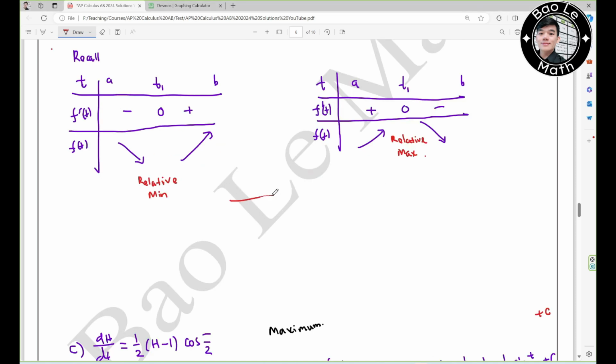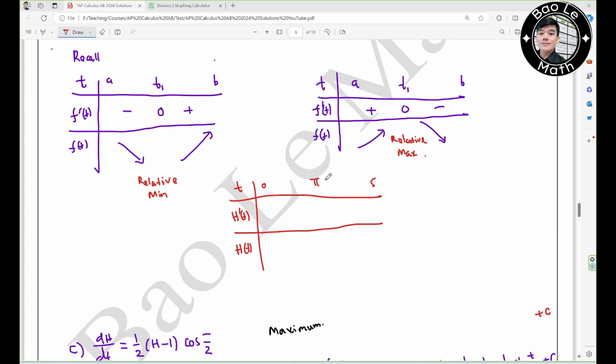Alright, so we have the table. This is t, this is h prime of t, and this is h of t. This is 0, pi over 2, and this is pi.